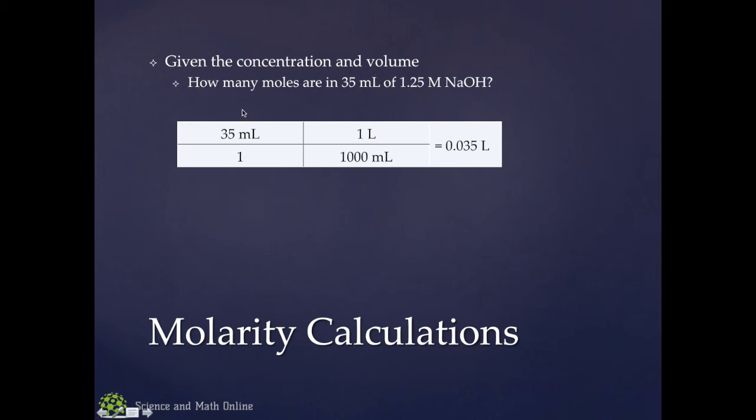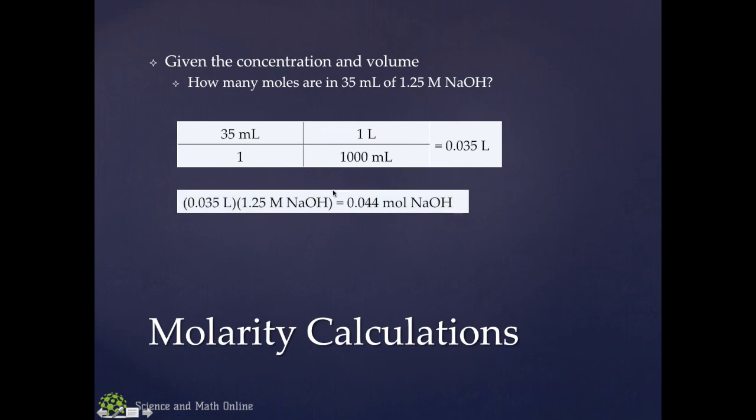Not very helpful. So convert milliliters to liters, and that'll give me what I need. And then if this is moles per liter, and this is liters, if I multiply them by each other, then I get moles, because the liters will cancel out. And then I get this. Okay? And that's how many moles I had that I used in my reaction. So that's a very common way of doing that.